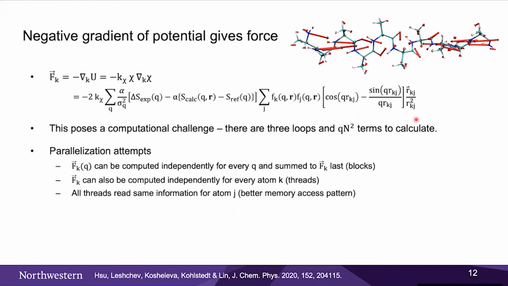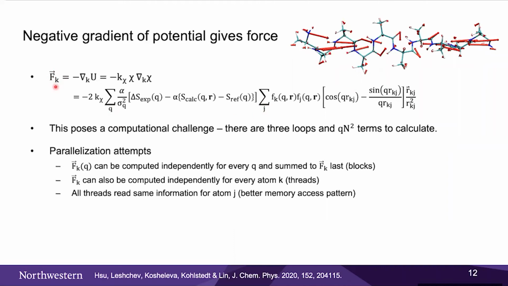This is a long expression, but if you look at the figure on the upper right, you see that it's basically just one vector for each atom. We spent about 6 months trying to make this computation fast because there are 3 loops. One is for Q, the other is for J, and then it's for every atom.